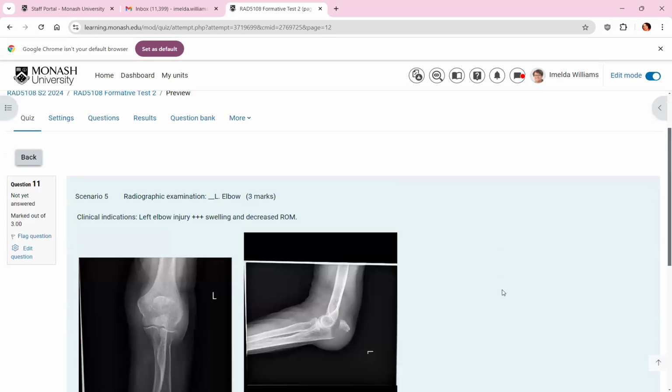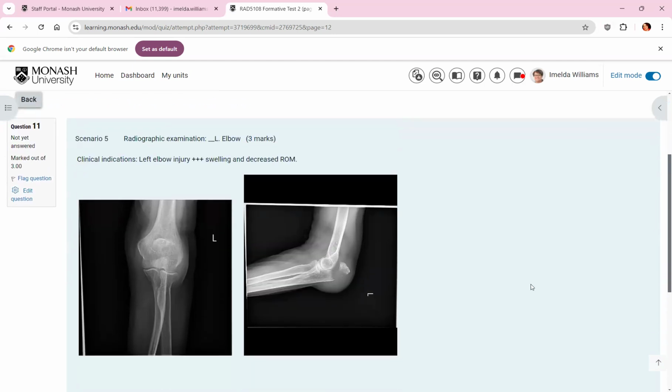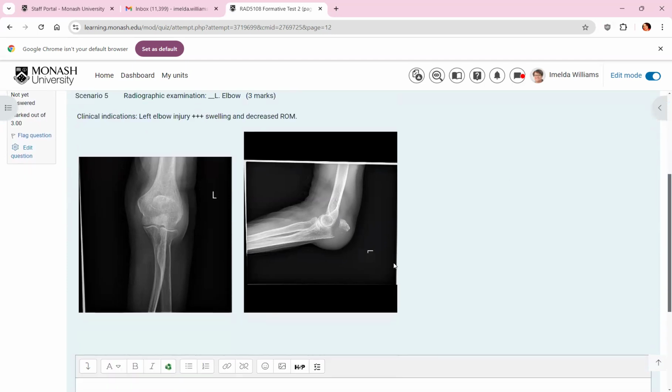And then the final case is a patient with an elbow injury with lots of swelling and decreased range of movement. On the lateral view, we can clearly see that there's an intra-articular fracture through the olecranon process. And there is retraction of this fragment of around 2 centimeters approximately.